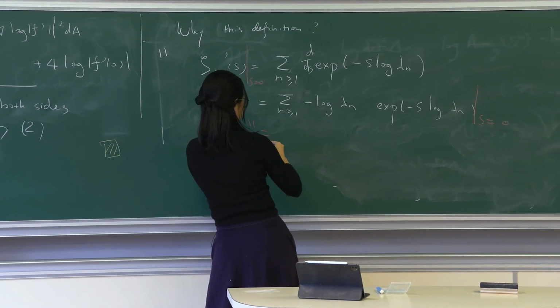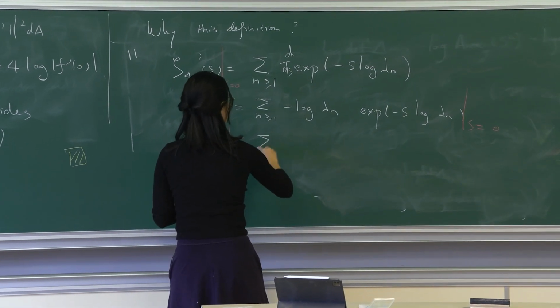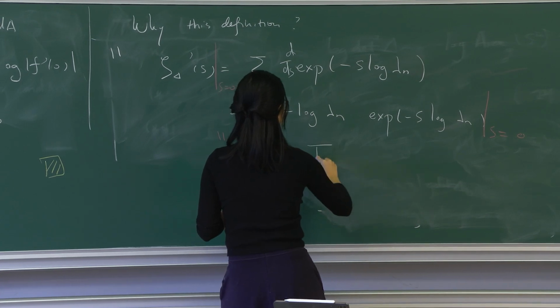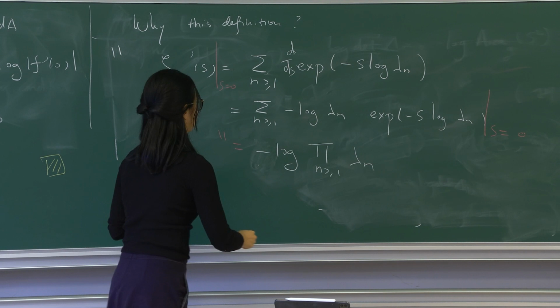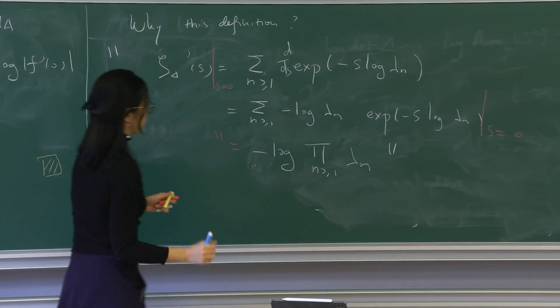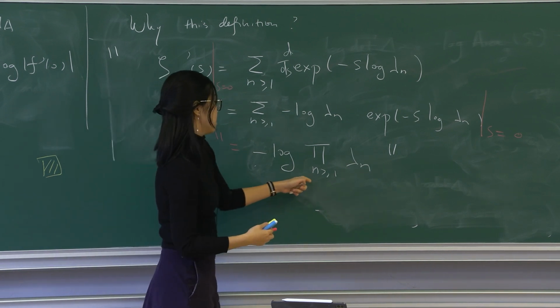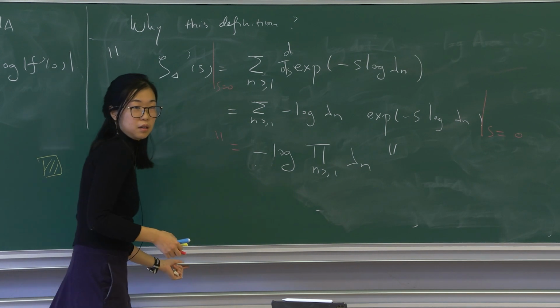Here it will give you minus log of the product of all the lambda n. So it kind of makes sense that we are calling this part the determinant of the Laplacian.